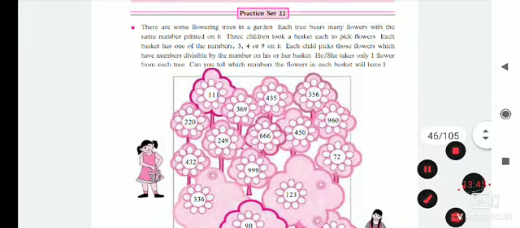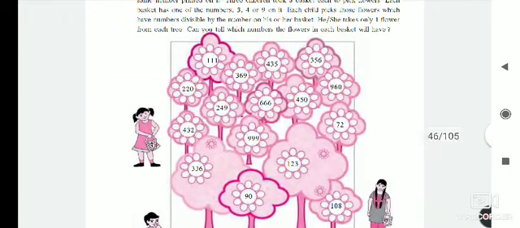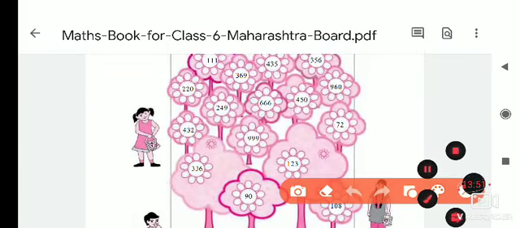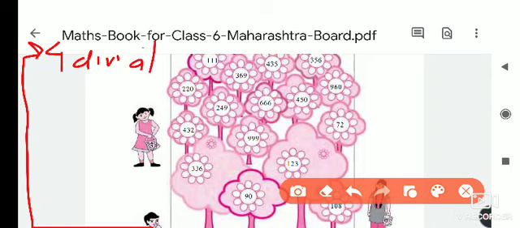So for that we have to check whether the numbers are divisible by 4 or not. This boy is there, on his basket which number is written? 4 is written. So we will check the divisibility test for 4.